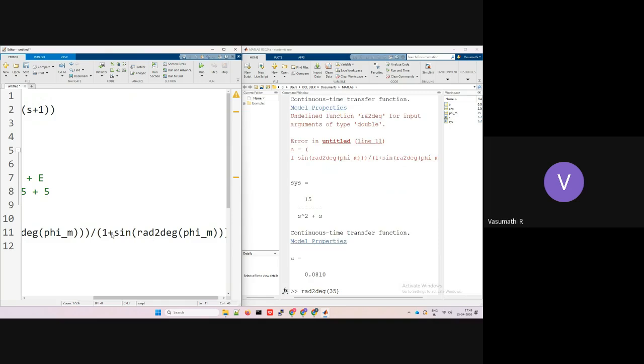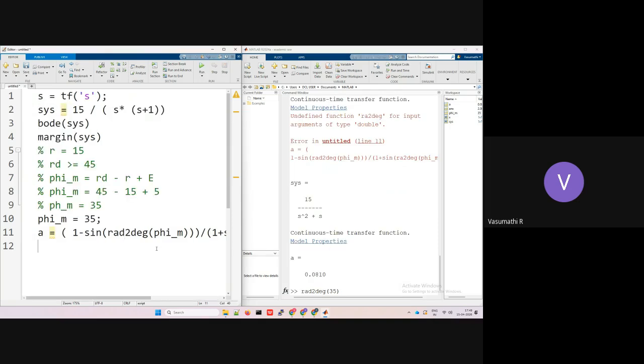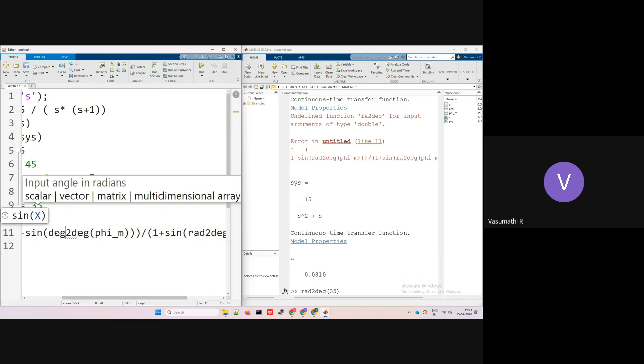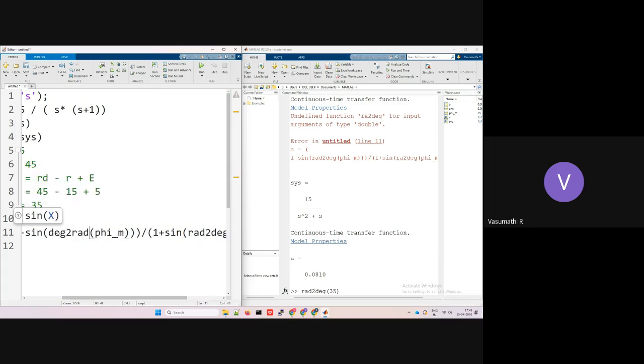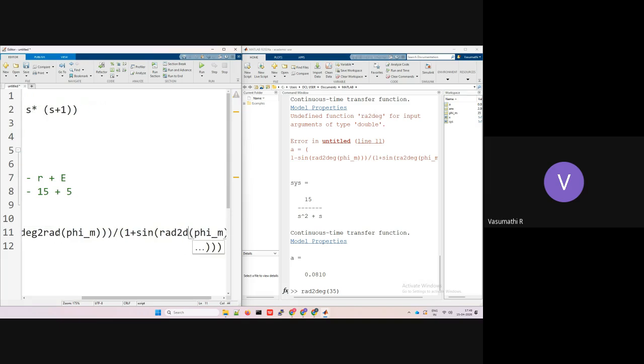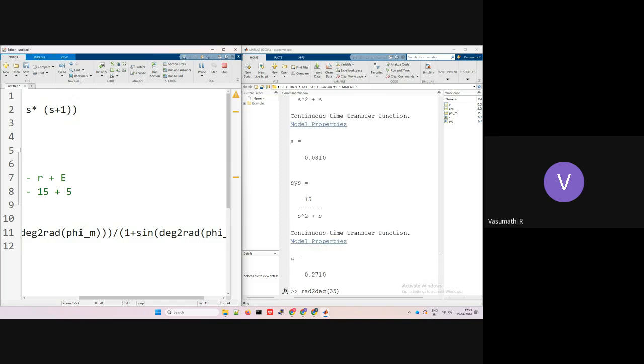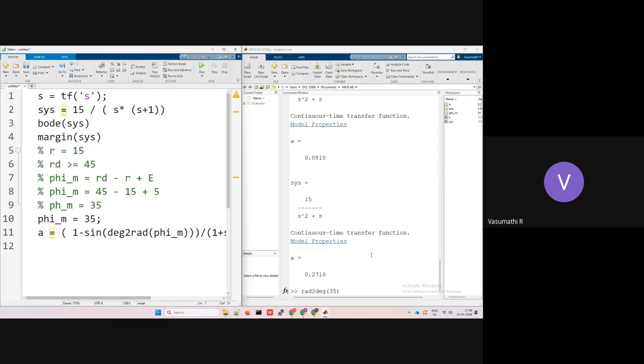Hmm. It is 0.08 now. Radians to degree. Degree to radians. Okay, it is degree to radians because MATLAB will calculate in radians.